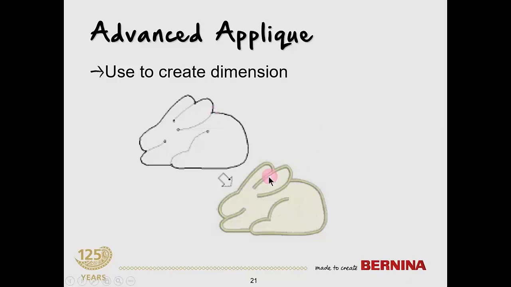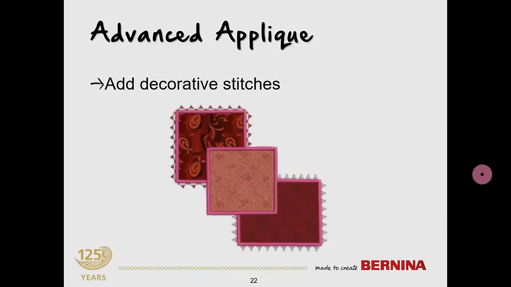But with the Advanced Applique tool, we can actually create open objects within the applique design and give the design dimension. And then decorative stitches can be added to Advanced Applique as well. So you have a lot of different pattern stitches that can be used.